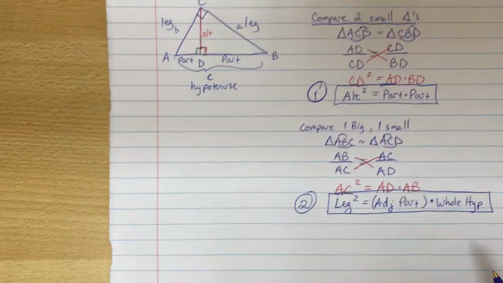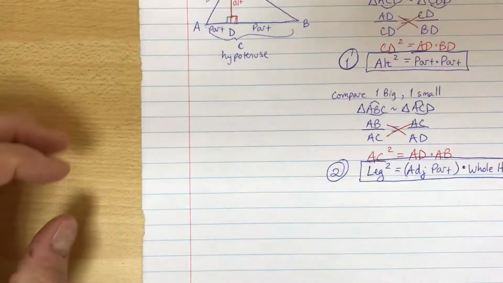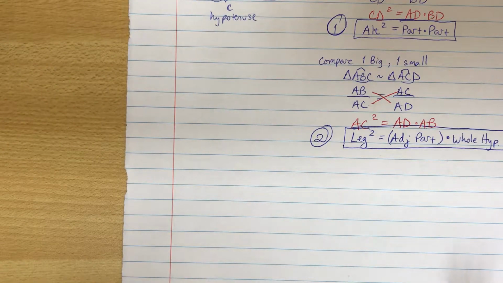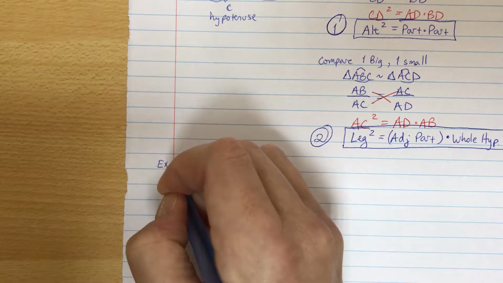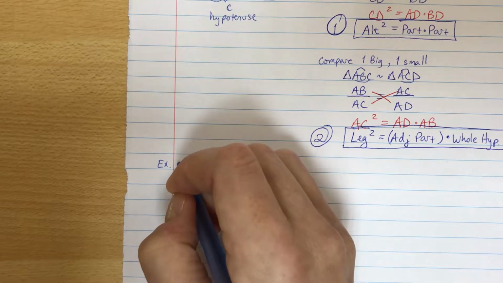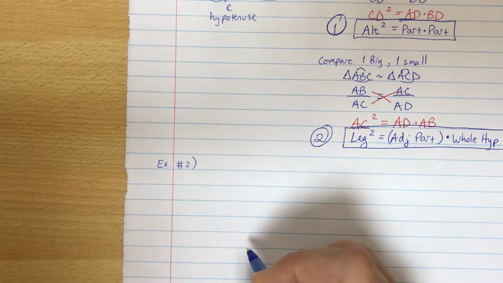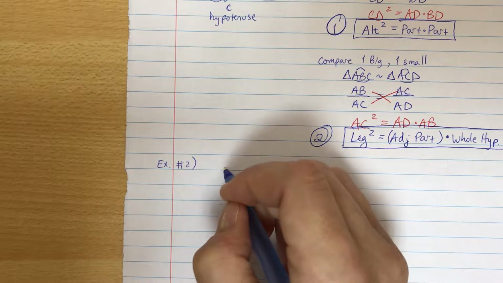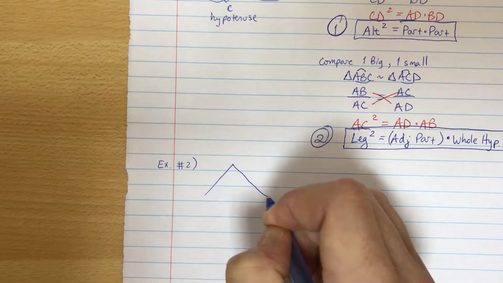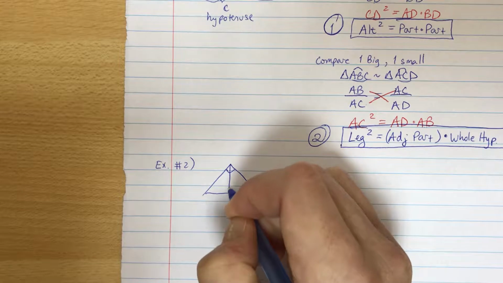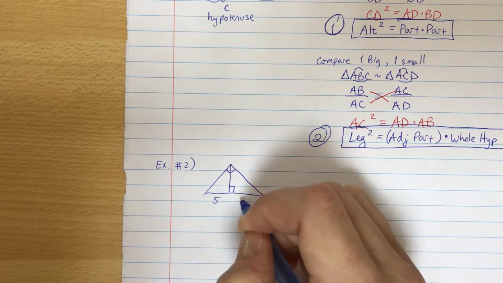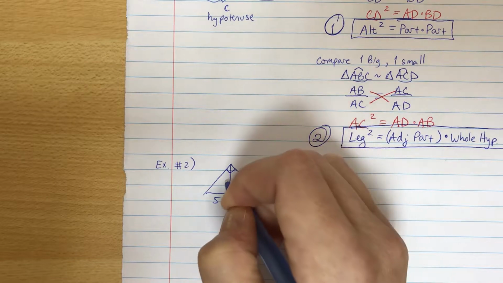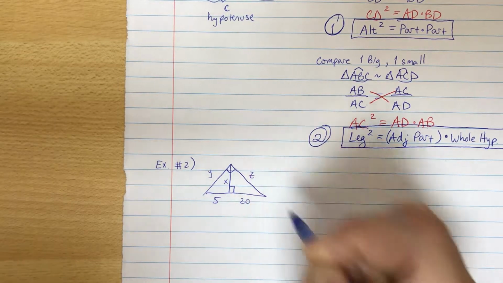Okay, now let's do a couple examples here to show how we are going to use these formulas. We're actually up to example number 2 here. So let's say we have, here's the picture, and we'll say here's 5, 20, x, y, z.